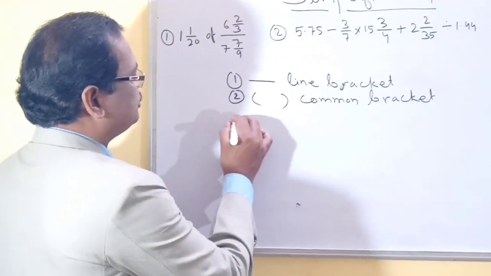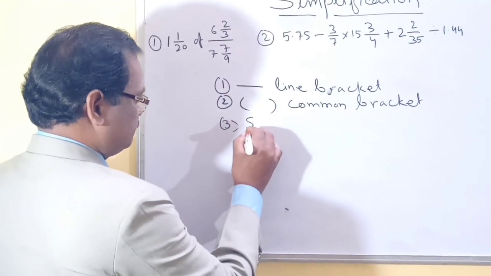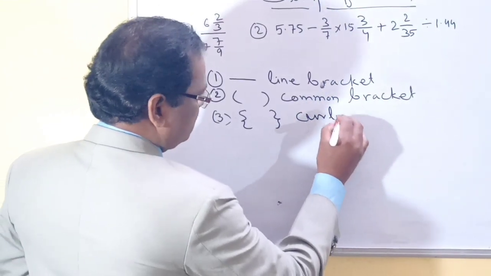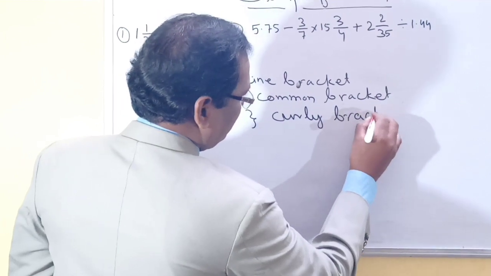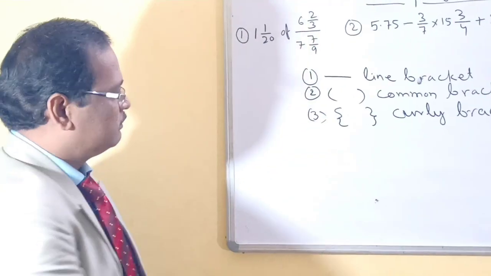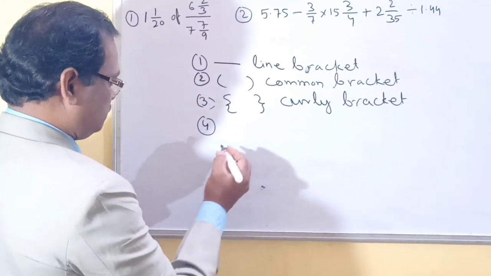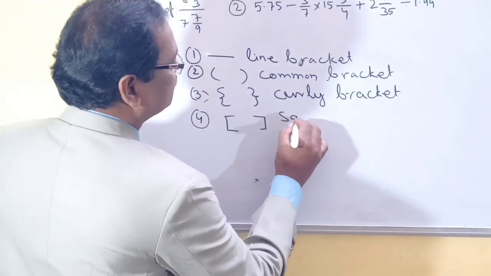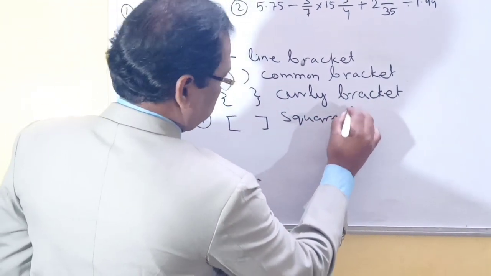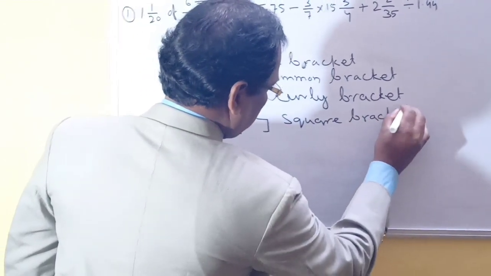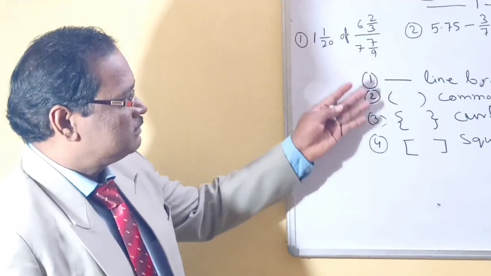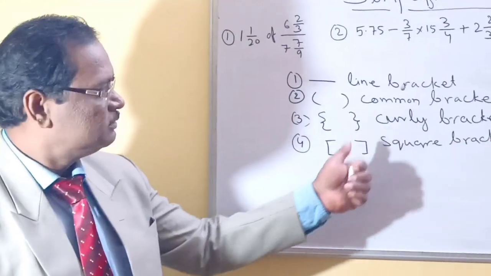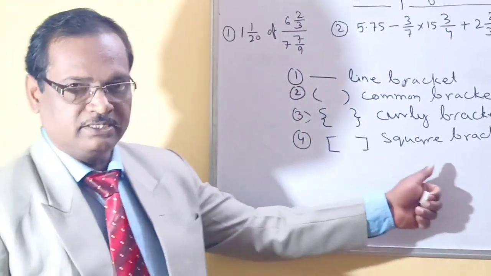Number 3 is the curly brace. And number 4 is the square bracket. So these are the 4 types of bracket: the line bracket, common bracket, curly bracket and square bracket.